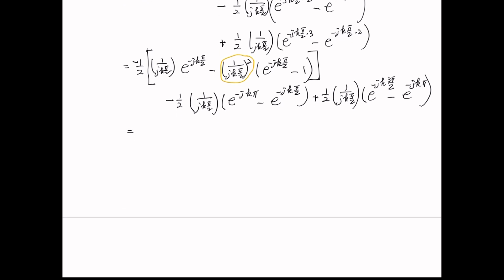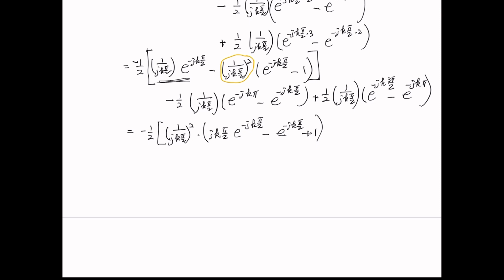So if you factor out negative 1 over 2, 1 over (jkπ/2) squared, then the first term, we didn't have the squared term, but we're going to factor out squares, so we need to have jkπ/2 e to the negative jkπ/2, and minus e to the negative jkπ/2 plus 1.